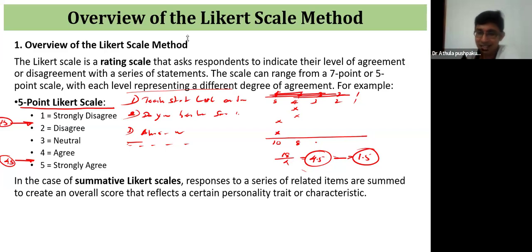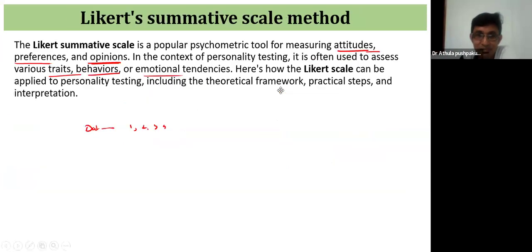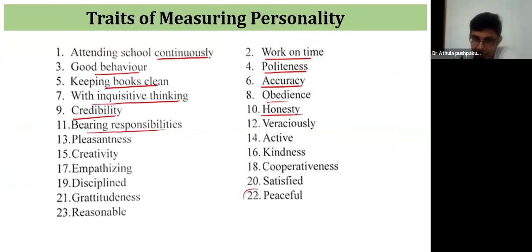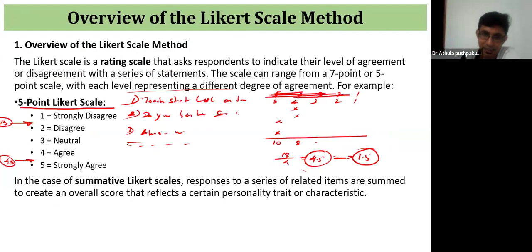Actually, we can't measure 100%. Do you remember at the starting point I explained to you that this is not an easy task? Personality is a complex characteristic that is hardly possible to measure. It's very difficult to measure, but we try to measure it. One of the students asked a very logical question: we got the answer 4.5 now, which means it's not agree and also not strongly agree.